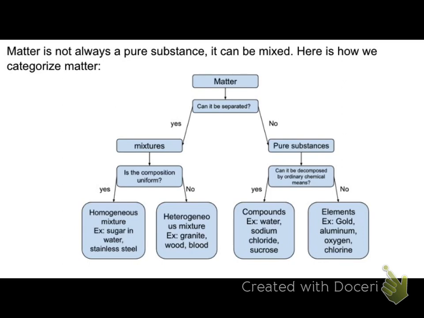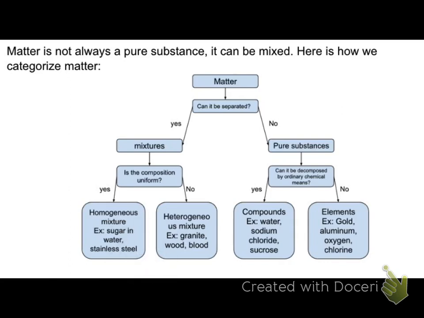If it is a heterogeneous mixture, like a fruit salad, then the ingredients are not evenly distributed. It would be possible for me to take 2 cups of fruit salad and have a different amount of bananas and a different amount of grapes in each cup. Okay? So that would be a heterogeneous mixture.